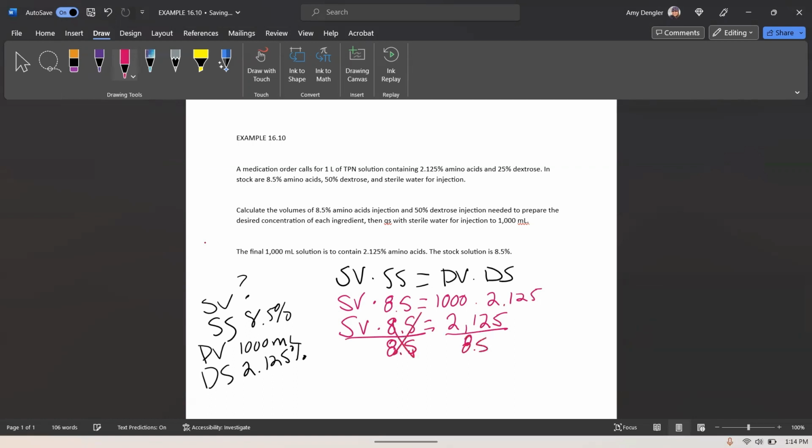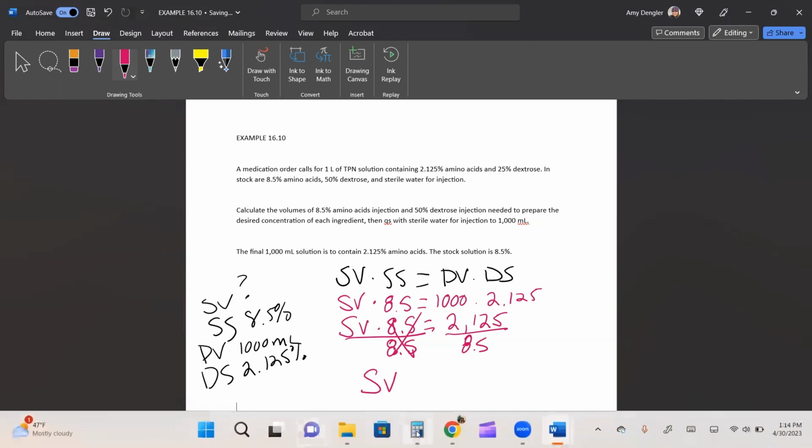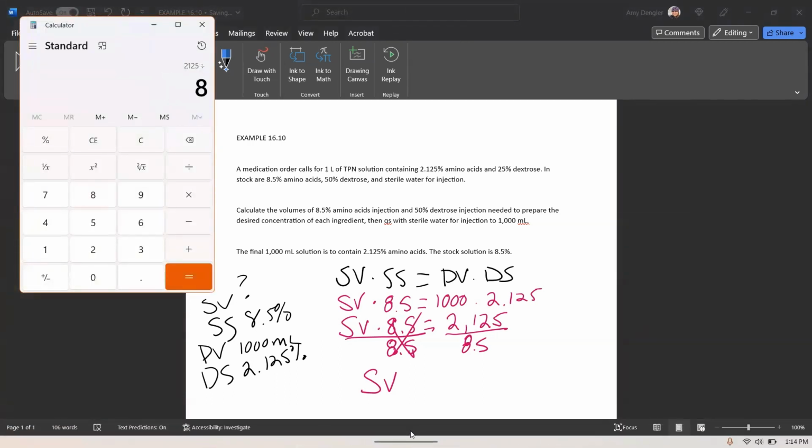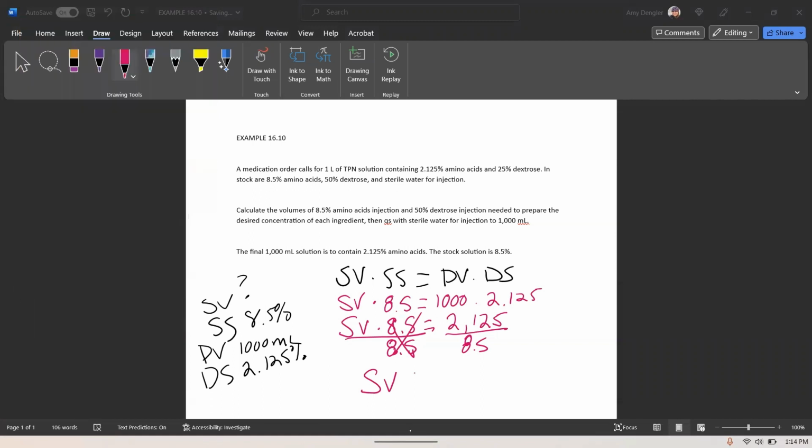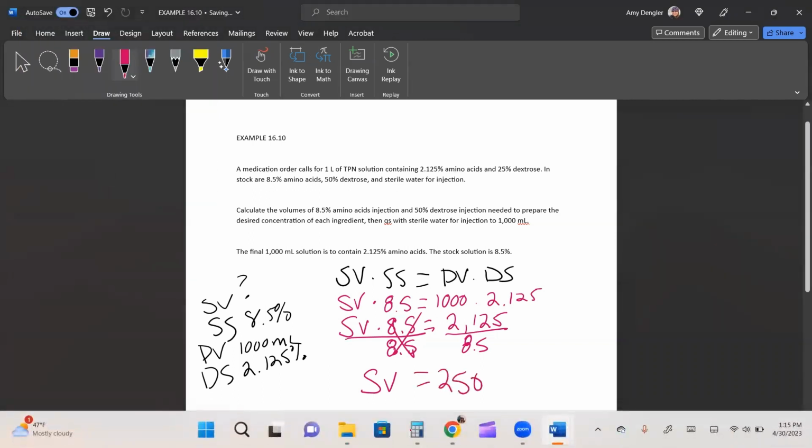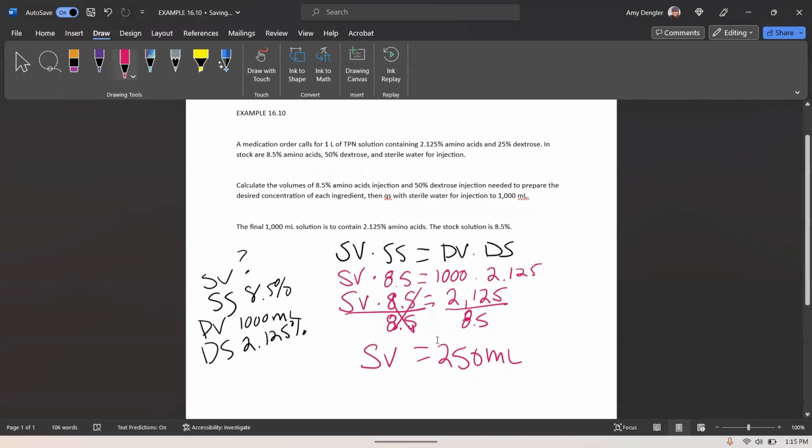So I'm going to divide each side by 8.5. So 2,125 divided by 8.5 is 250 ml. So we need 250 ml of the 8.5% amino acids.